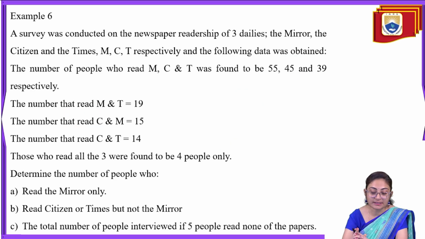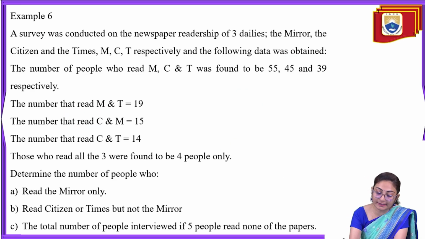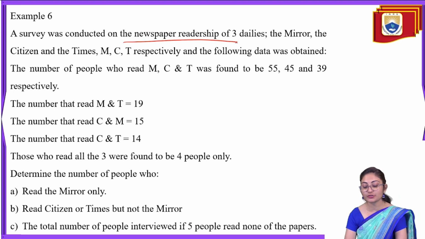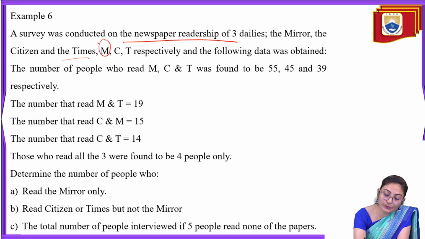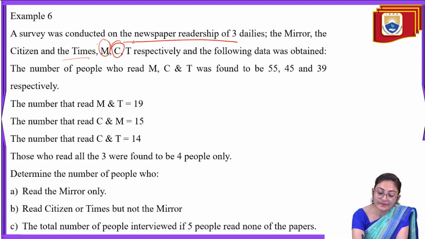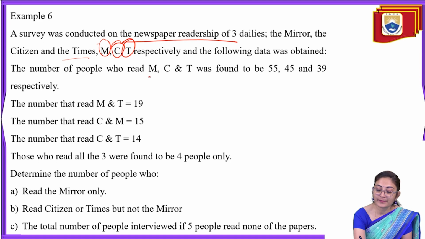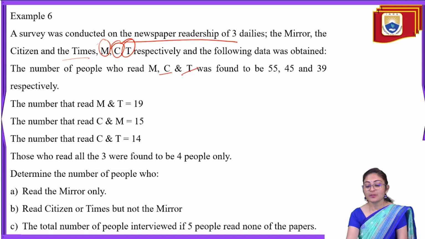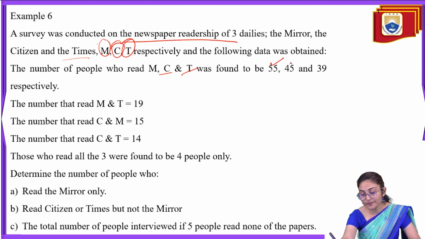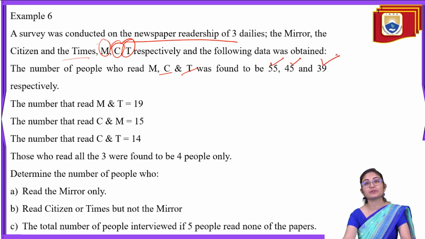Now next question is that a survey was conducted on the newspaper readership of 3 dailies: the Mirror, the Citizen and the Times. For Mirror we are using M, Citizen C and the Times T respectively. And the following data was obtained: the number of people who read Mirror, Citizen and the Times was found to be 55, 45 and 39 respectively.